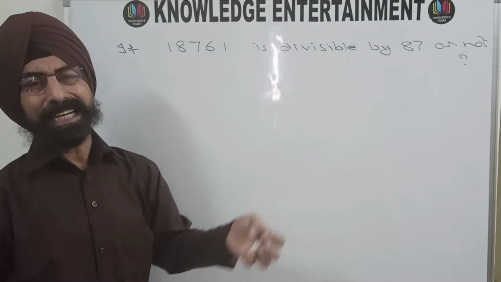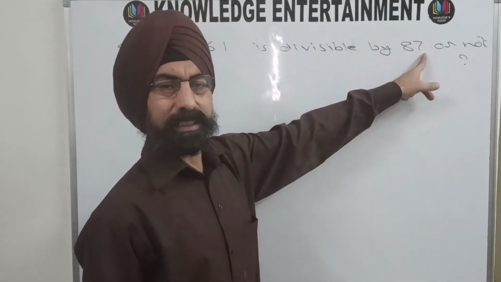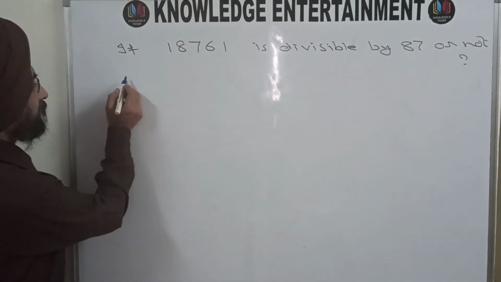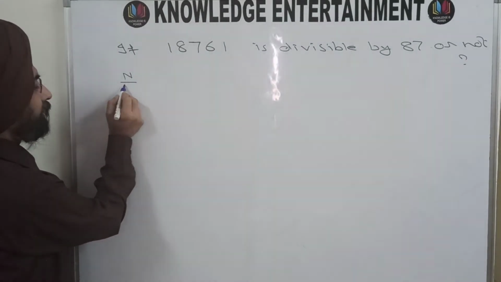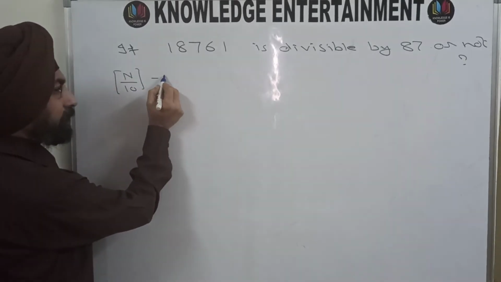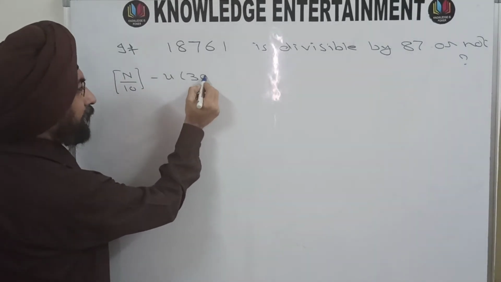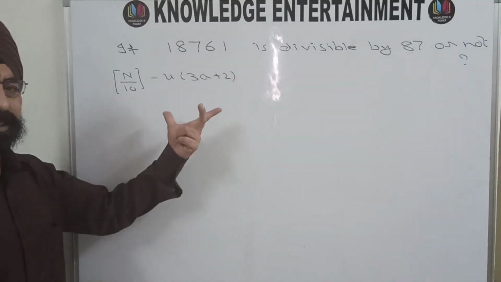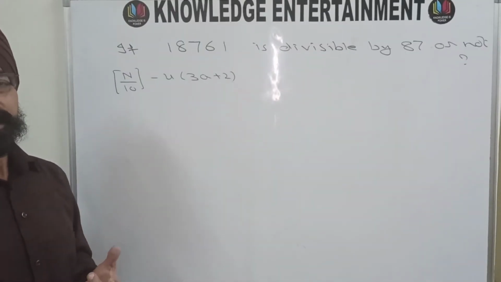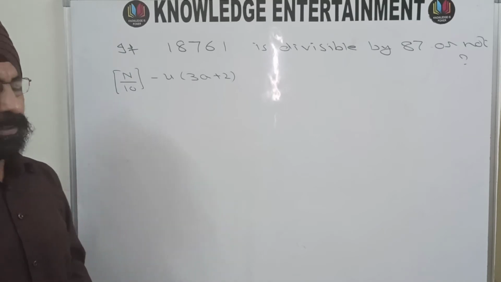Now our divisor is 87. The last digit is 7, so the trick will work. So what we have to do, we have to calculate just n by 10 box minus u times 3a plus 2. We have to calculate this and we will repeat the process till we get a smaller number from where we can check the divisibility very easily.